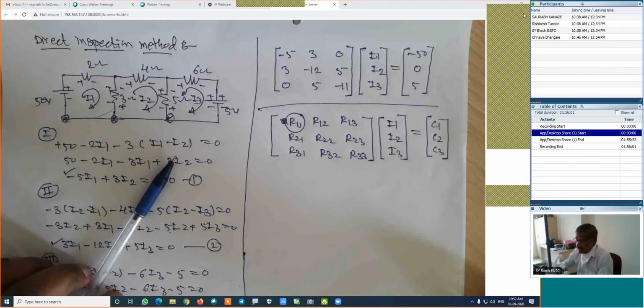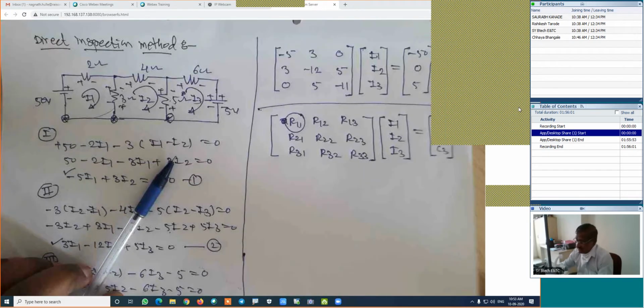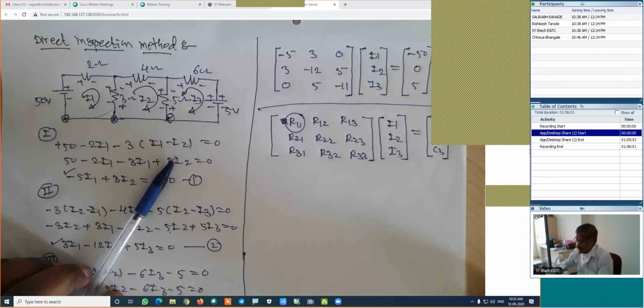Chaya, Rishikesh, Saurabh. Are you able to answer? 3 ohm and 2 ohm. Yes, it is 5 ohm. Is it right? Yes, sir.